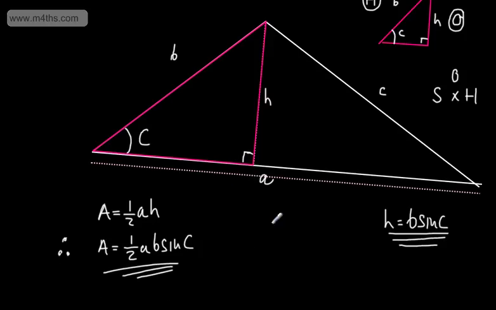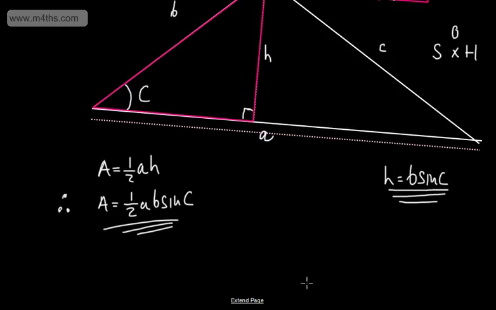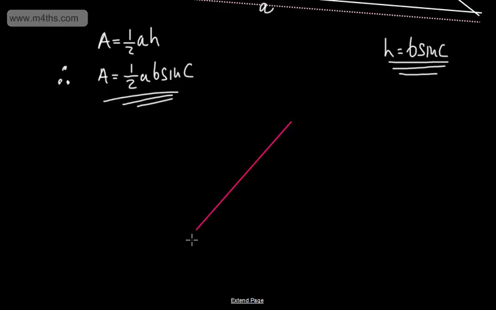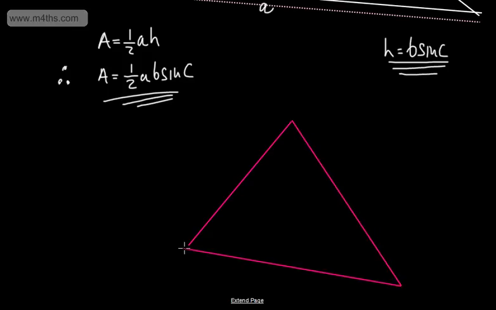So that shows how it works, and all I'm going to do is give you a nice little picture to remember this. So what we're going to have is something like so, and this is our triangle.